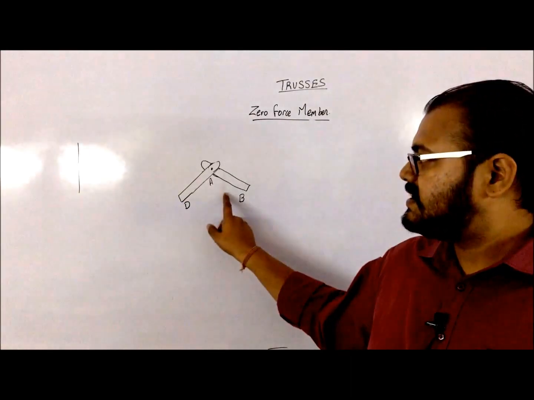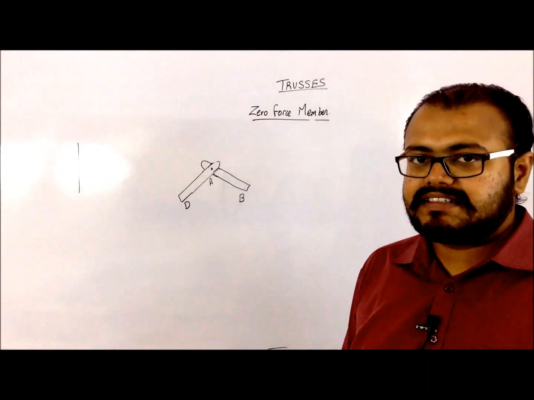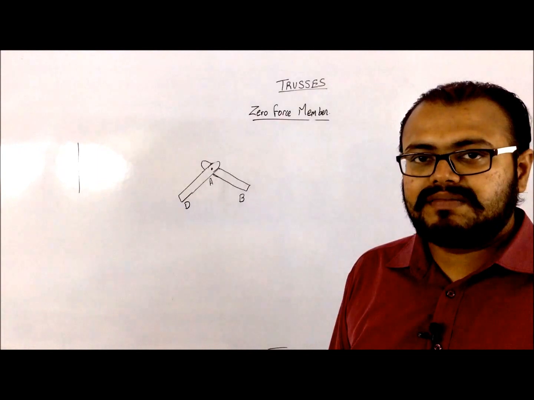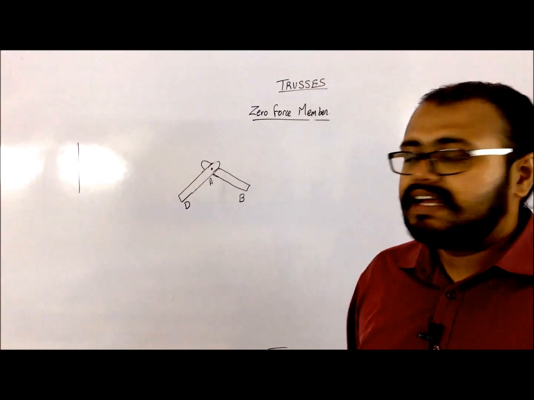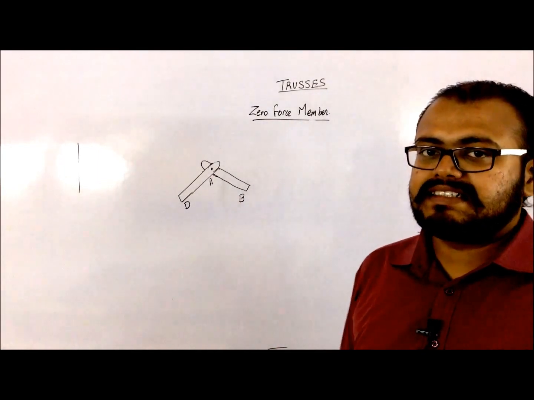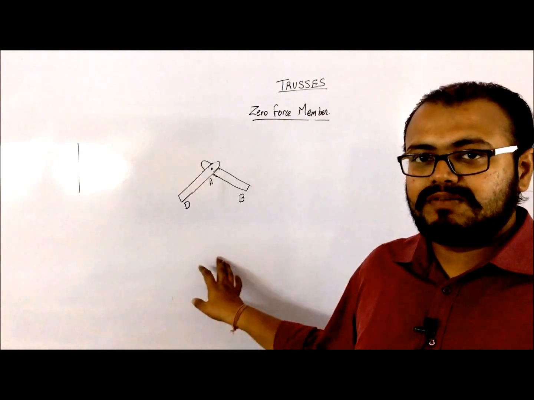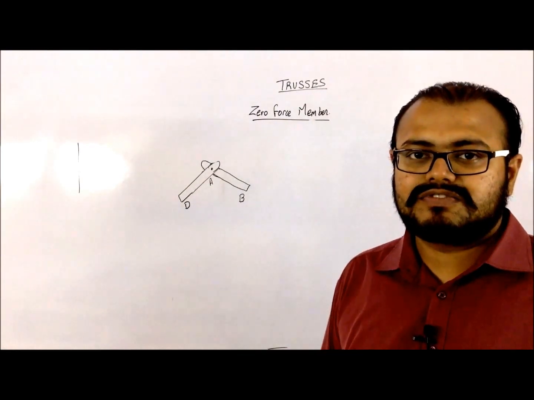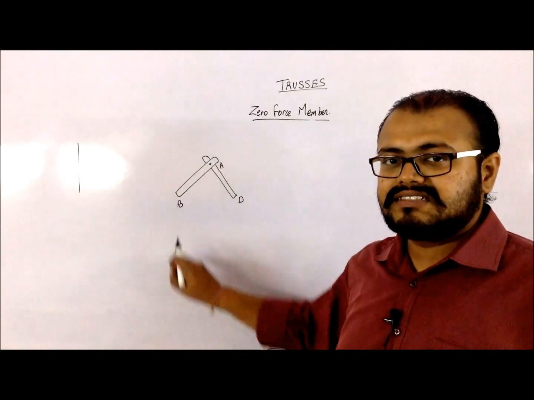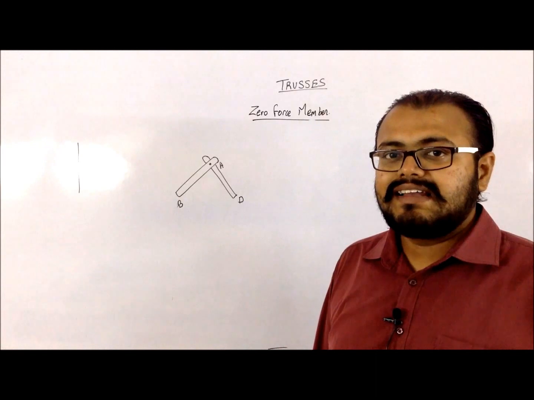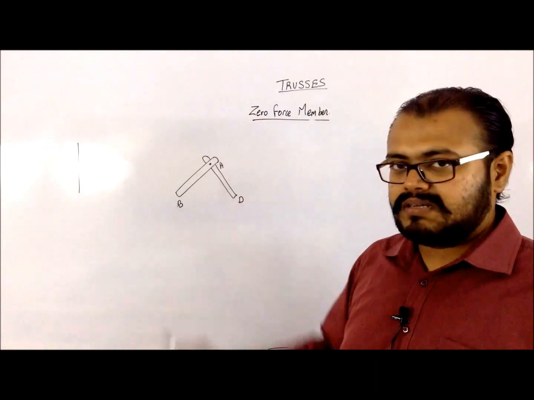So the 2 members are not linear with each other. So for A to be in equilibrium, the 2 forces which are present in these members should be 0. So this forms the second condition for a zero force member system.